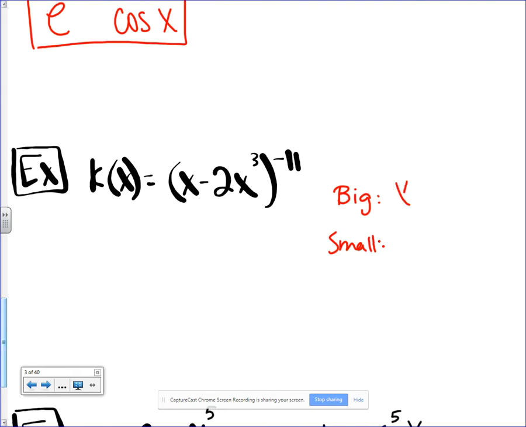Big function, small function. Find their derivatives. And now let's do the chain rule.